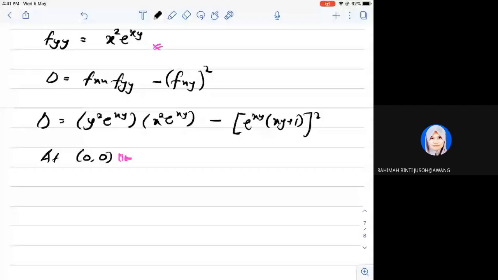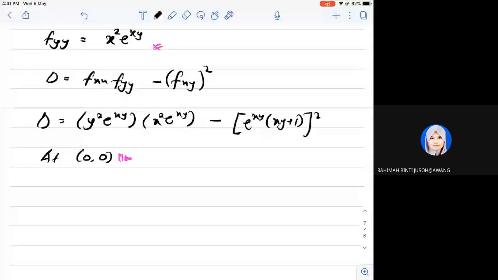Okay, at 0, 0, so we have to substitute. Of course lah, D, you all akan dapat 0 lah. Yang ni 0 kan? Yang tu x kuasa 2 pun 0 lah. Of course sebab x dengan y 0. Tolak eksponen 0 darab x dengan y darab 0 tambah 1. Kuasa 2. Macam tu.